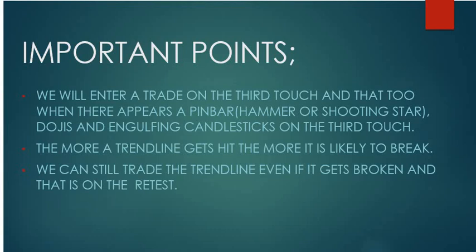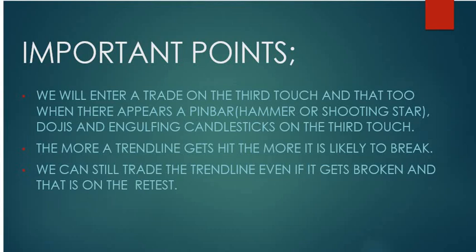We will enter a trade on the third touch, and that too when there appears a pin bar. I hope you understand what a pin bar is, as I discussed in the previous video. Hammer is a pin bar and shooting star is also called a pin bar.